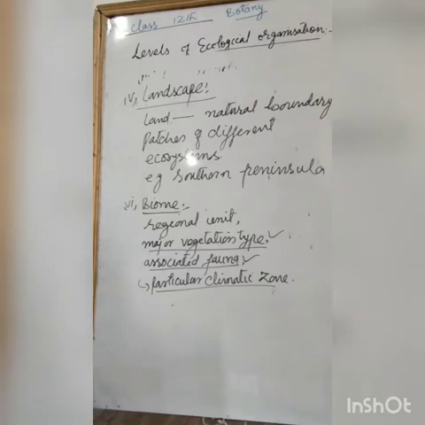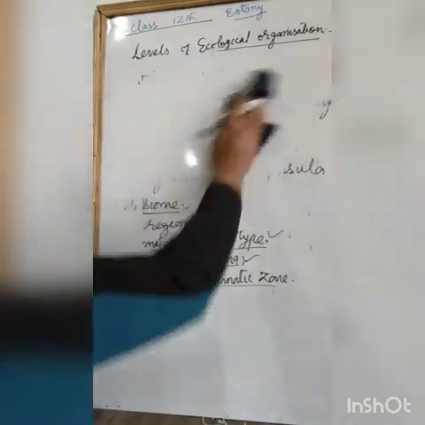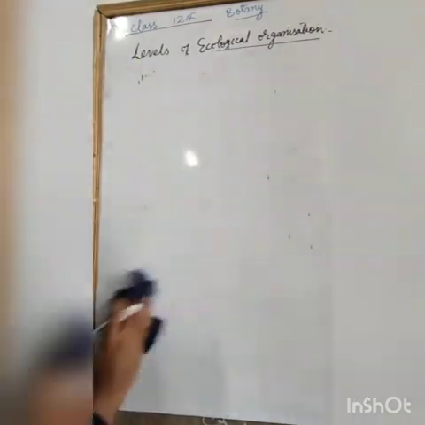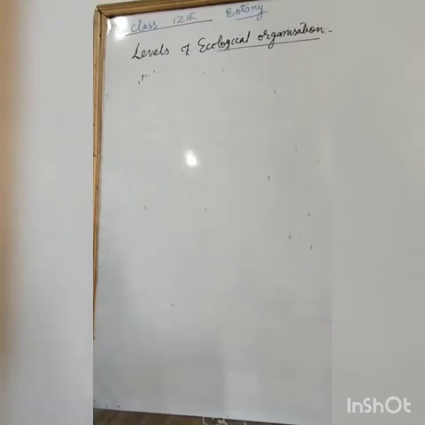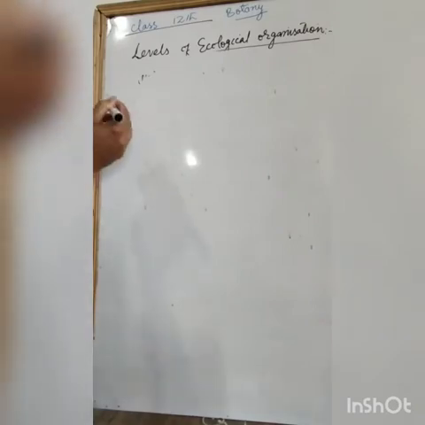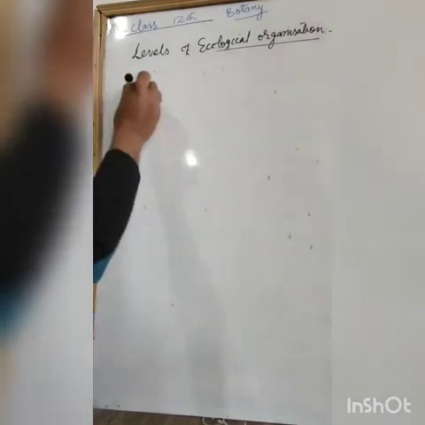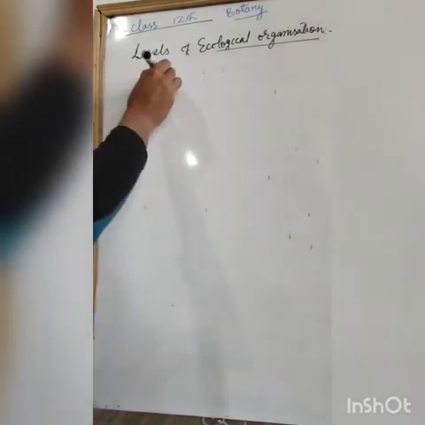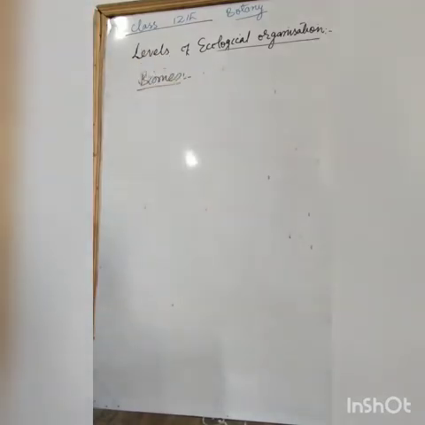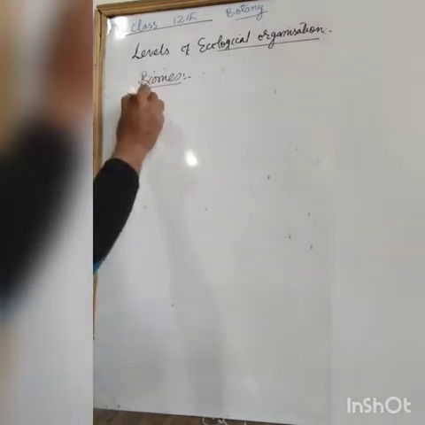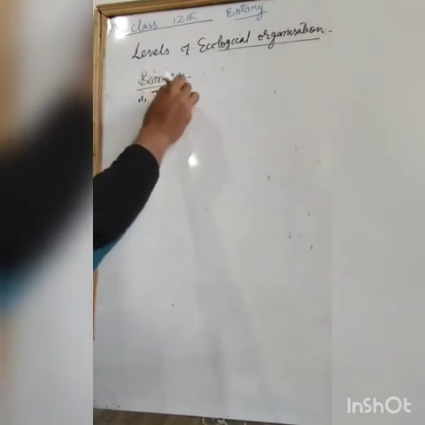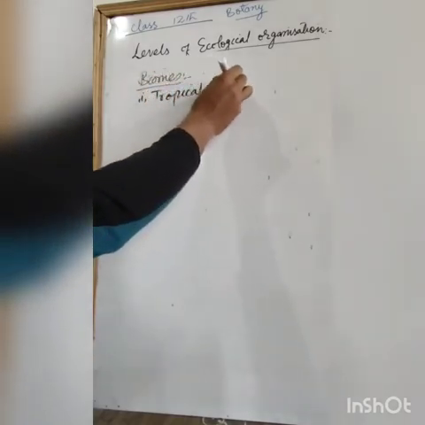Now, biomes are often categorized into different categories. There are mainly 7 categories. Number 1 is the tropical rainforests.